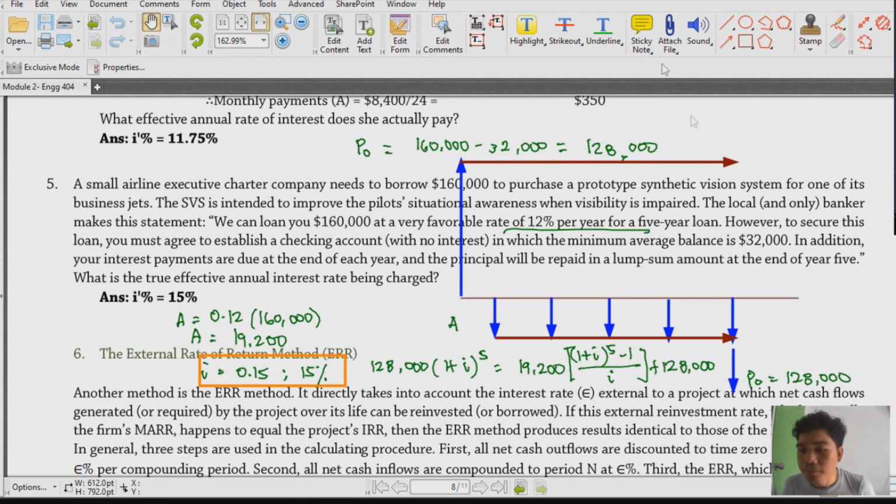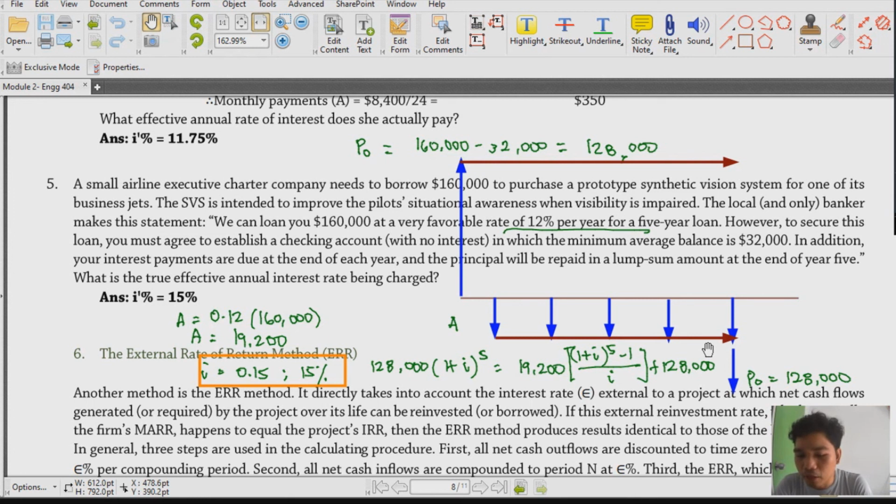If you're still confused, imagine you already paid 19,200 given the 12% interest over that 5-year period. Considering the time frame, 19,200 five times, you made 5 payments, so you have already paid 96,000. Plus the 32,000 gives you 128,000. Technically, that's the total we amortized into annual payments without considering the annuity formula.